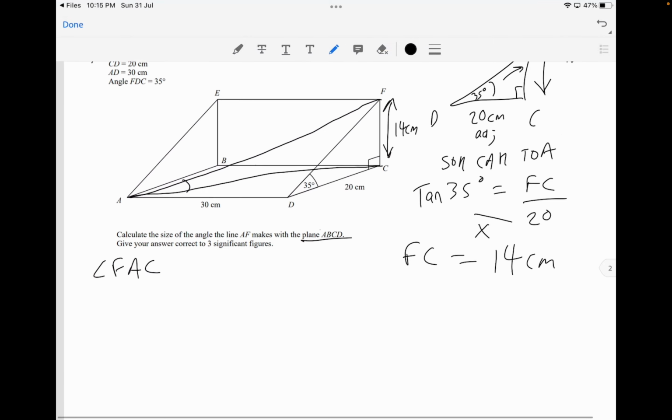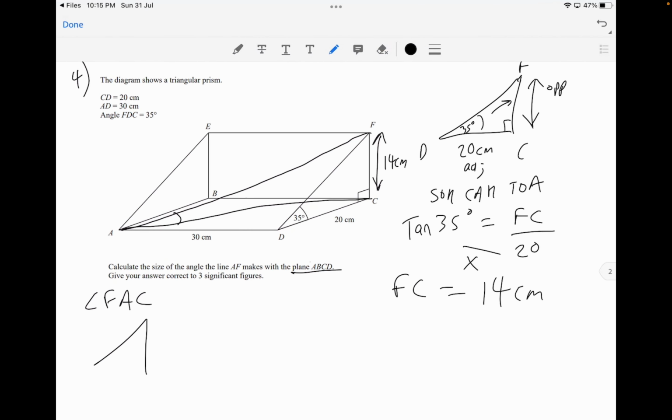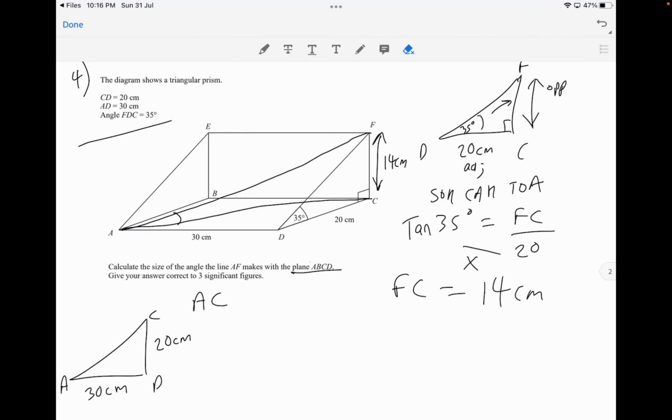Now once you have FC, we have to calculate what AC is. I'm going to draw a mini triangle again, ACD. We know what CD is, about 20 centimeters, and we know what AD is, 30 centimeters. I've just taken this from the question again. In order to find AC, it is equivalent to the square root of the height squared plus the base squared.